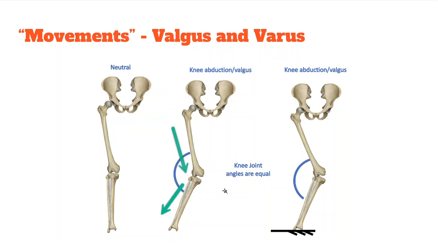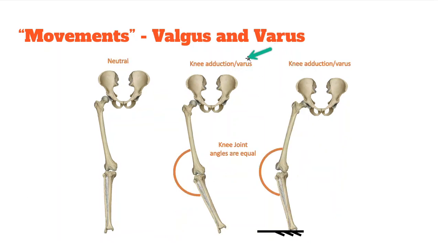And what that looks like is somebody's knees kind of collapsed, or a knock-kneed posture. You can also have knee varus, which is adduction. So your tibia going towards the midline, and that can look like a bow-legged posture, and that's knee varus.